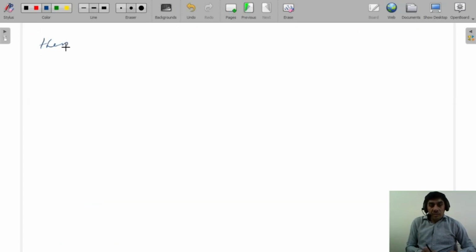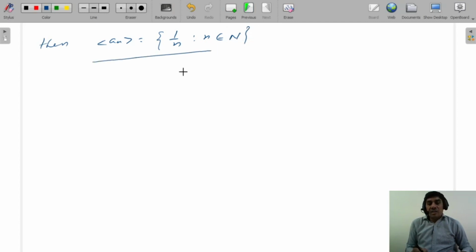Then the sequence a_n equal to 1 by n, such that n belongs to natural numbers, is a sequence in the usual metric space (R, d).